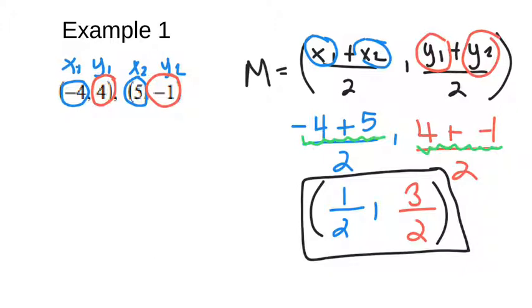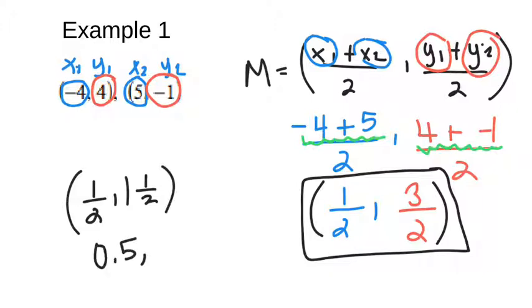If you were told it was okay, you could change that to a mixed number, which would be easier to graph, so that would be 1/2 and 1 1/2. Also, if you were told it was okay to leave it as a decimal, you could have 0.5 and 1.5. So just go with whatever the directions are that day.